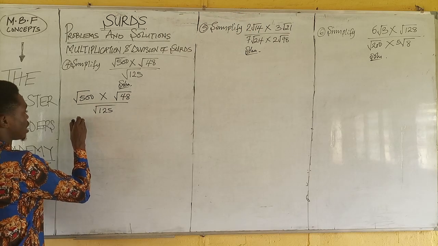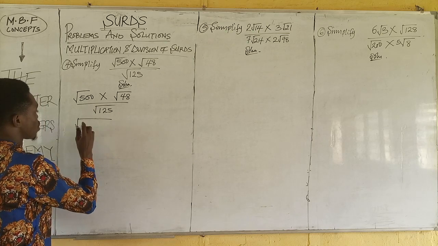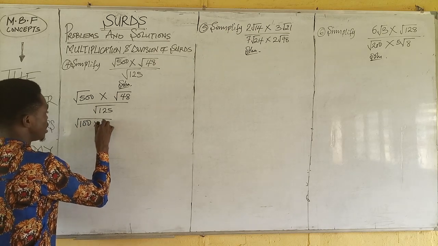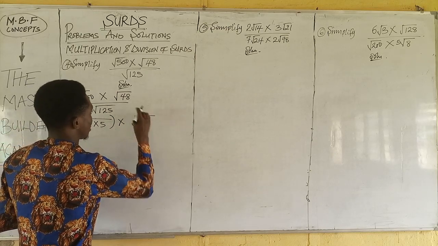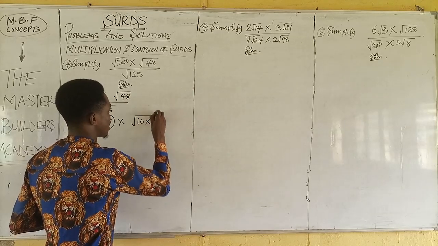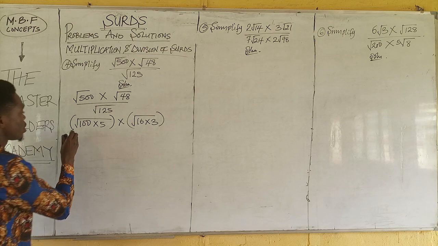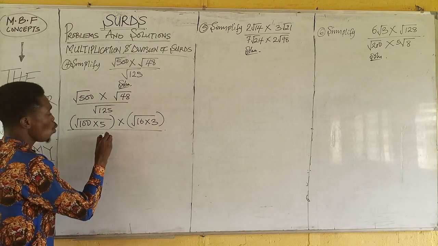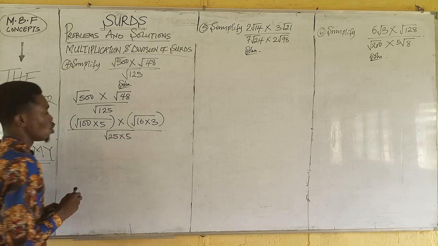Now, for 500, as usual, we know that 100 times 5 will give us 500, for which 100 is a perfect square, right? Then times 48, I think we have done 48 before, yes, and 48 is 16 times 3. I'm just trying to use the values because I don't want us to waste much time. Then all over 125, which would have given us 25 times 5. Hope this is clear.